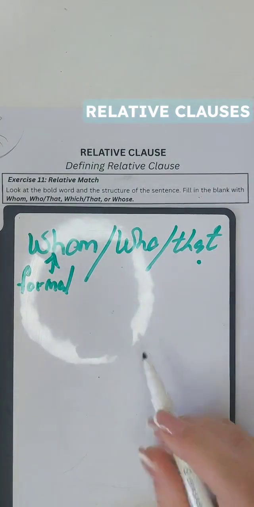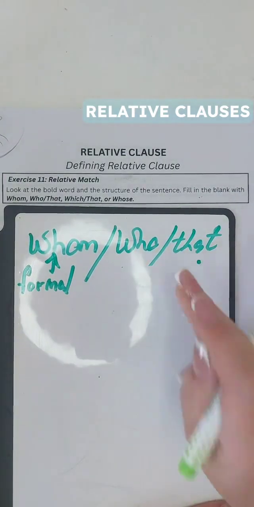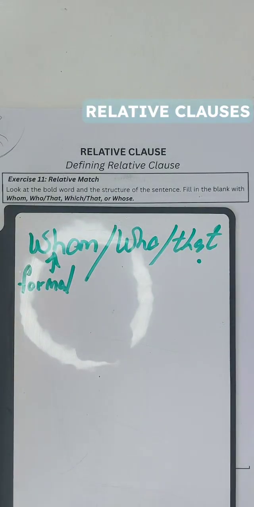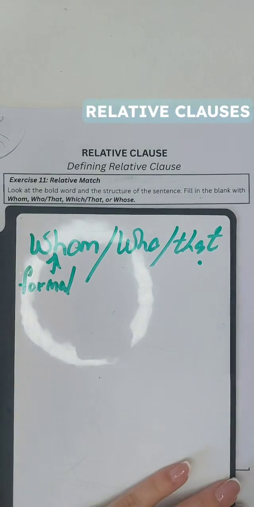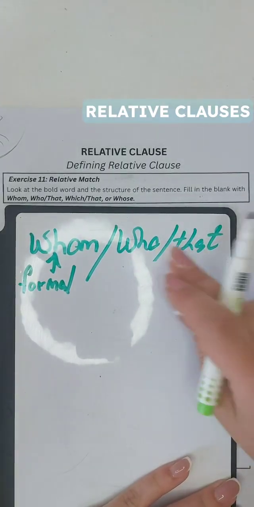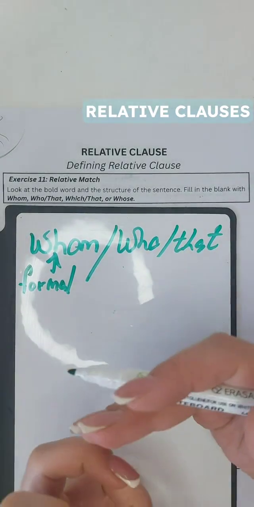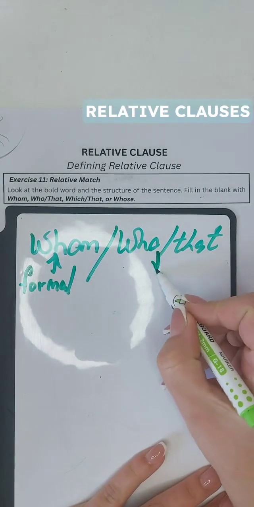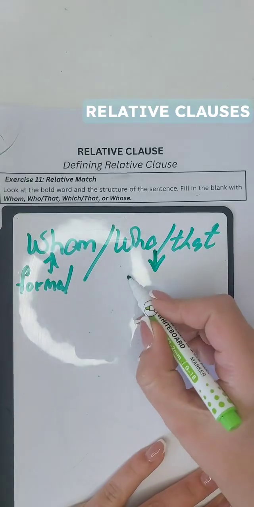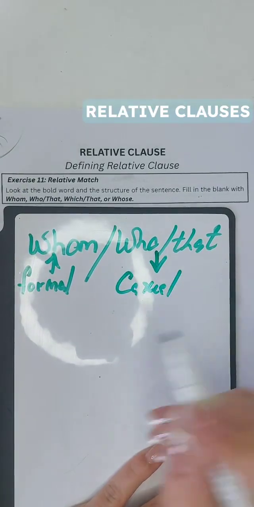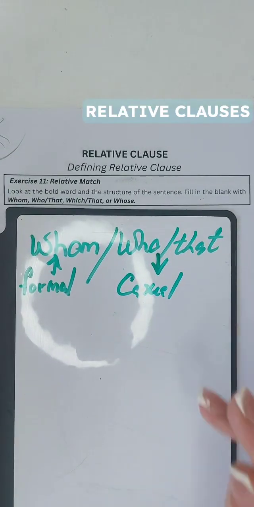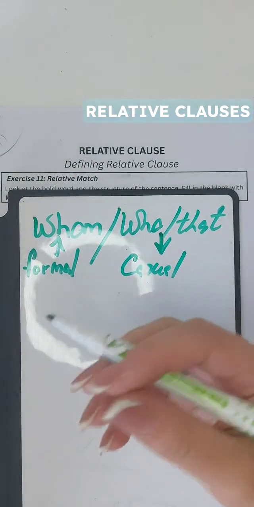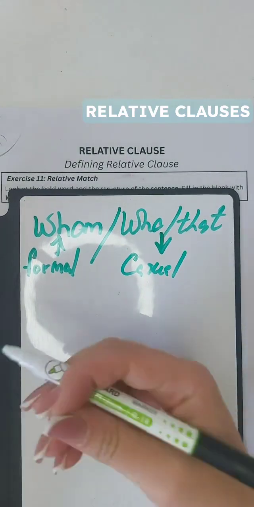We can use who in formal writing or speaking, but in casual, everyday situations, people usually use who or that. Okay, but there are some rules that we should follow.